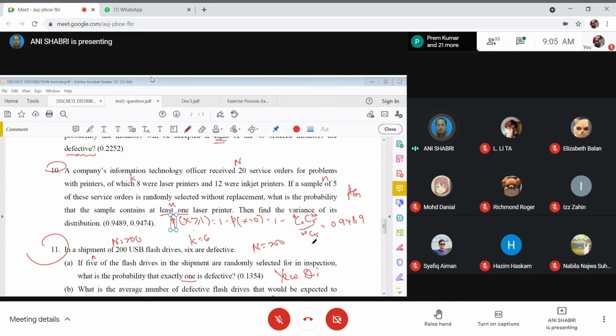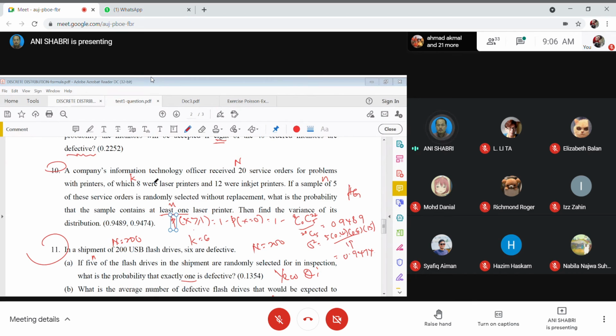Okay, the variance is using the formula: N times 0.4 times 0.6 times 15 divided by 19. Okay, finish. I think there is no problem about hypergeometric.